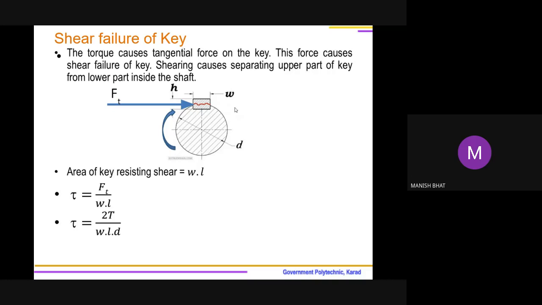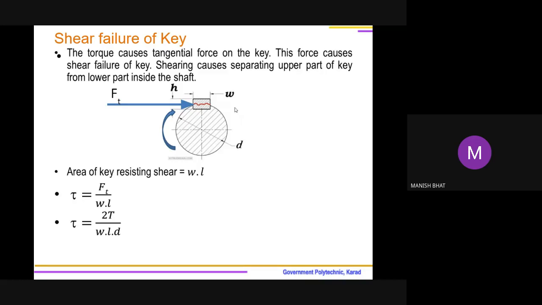When the shaft rotates and the coupling is unable to rotate, maybe due to inertia, maybe due to locking, what happens? The portion of key trapped in the coupling is not rotating, and the portion inside the shaft wants to rotate. So failure will take place. How is failure shown?